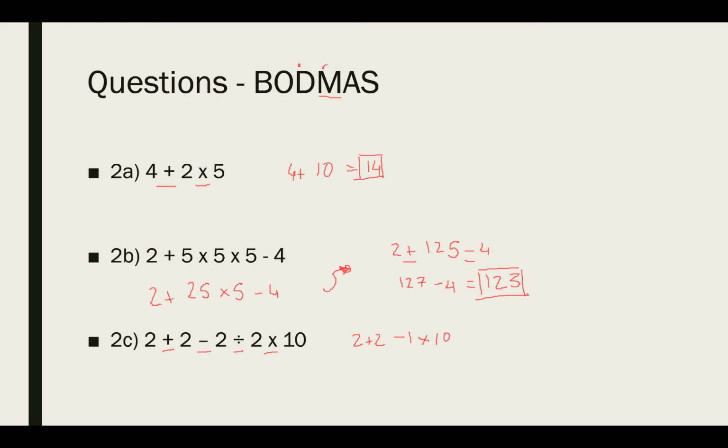It's actually multiplication, so minus 1 times 10 is minus 10. We've got 2 plus 2, then 2 plus 2 minus 10. So is it addition or subtraction? It's actually addition. So 2 minus 10 is minus 8. Then we've still got the plus 2. Sorry, we've still got 2 plus, which is the same as 2 minus 8, which is actually minus 6. So the answer for the third question should be minus 6.